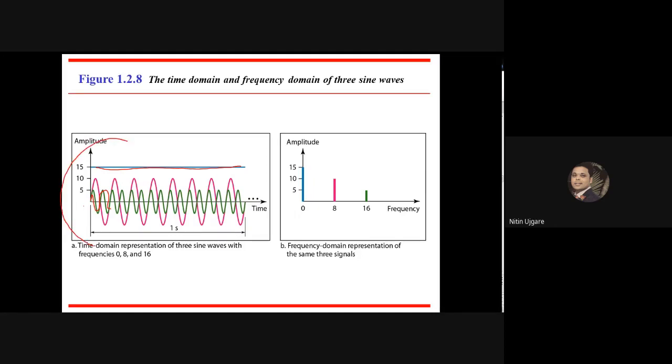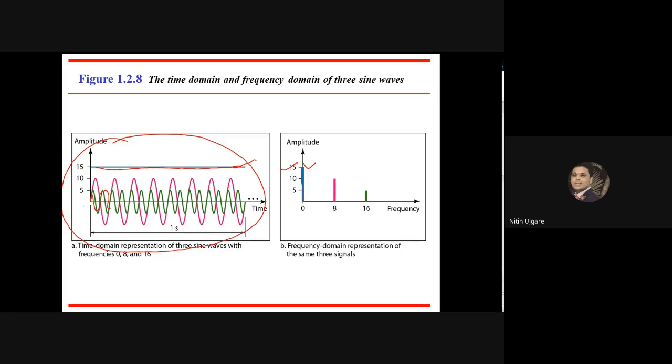Now when we transform these 3 signals into a frequency domain representation, we are just representing them with 3 single spikes. This blue vertical line represents the blue signal, which has 0 frequency and 15 volt amplitude. So remember, the y-axis represents the amplitude and the x-axis represents the frequency in hertz.